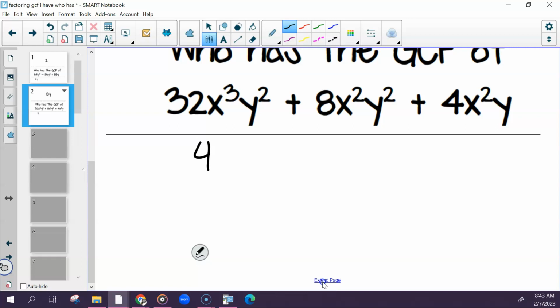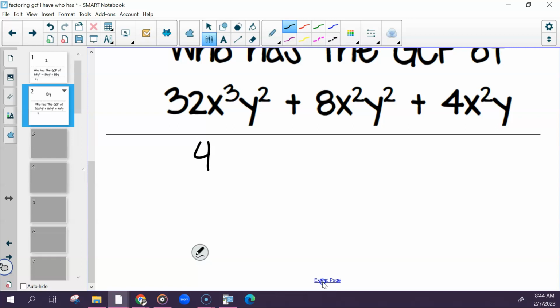And I keep forgetting I need to double check to see if I have it. Would that be the GCF of this? 4x? Or do they have other things in common? Say that again. There's more than one x.